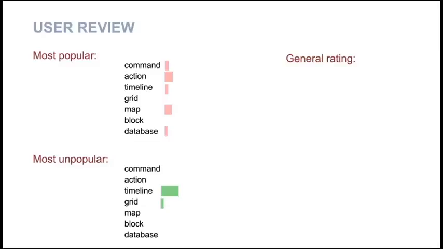From what can be seen in the feedback, people like different things. They don't actually specifically like one of these features. Some people like the action, some people like the map, but most of them pick the timeline as the feature they are interested in least.